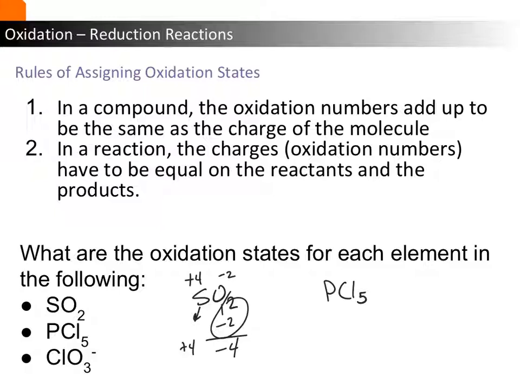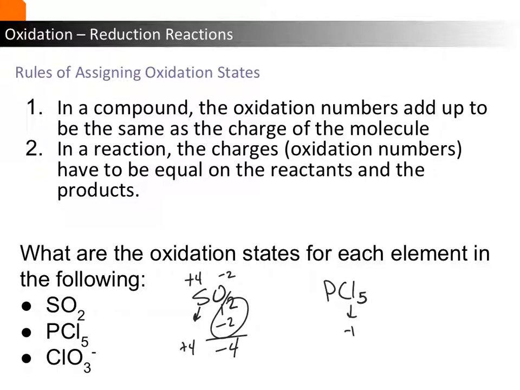Now the next one is PCl5. Rule 6 from the last slide mentioned that any halogen on the outside is always a -1, so there are 5 of those. Chlorine is going to be on the outside with phosphorus in the middle. Now chlorine on the outside is going to act like most halogens on the outside, and those are all going to carry a -1 charge. In fact, most halogens have a -1 charge.